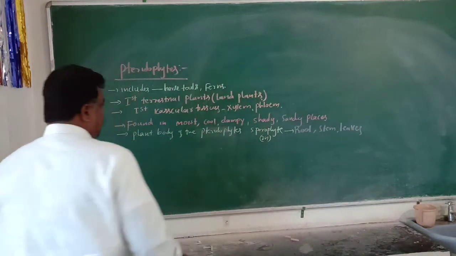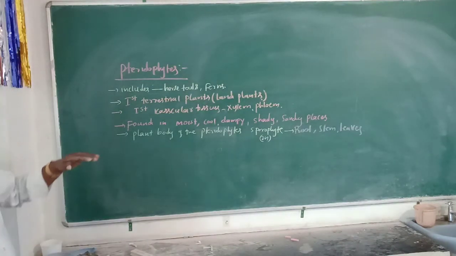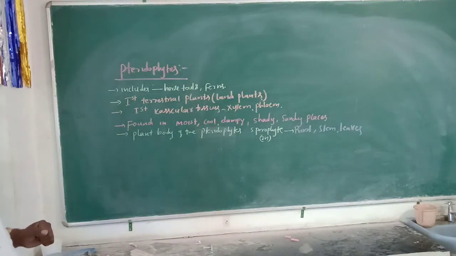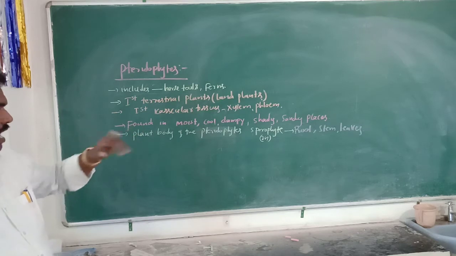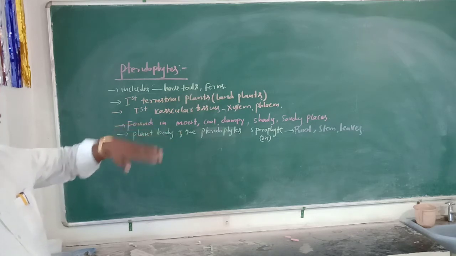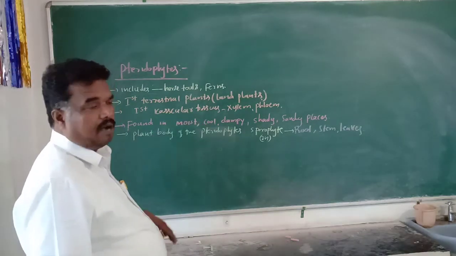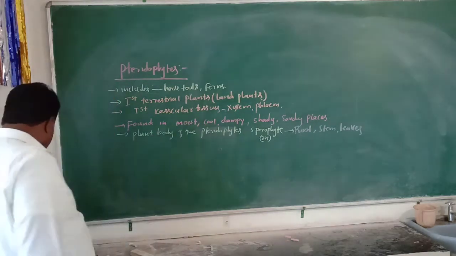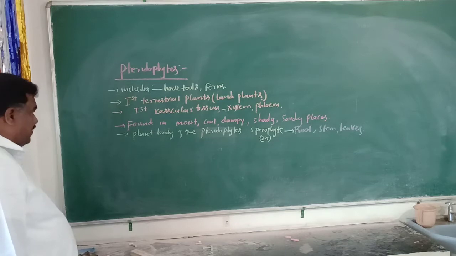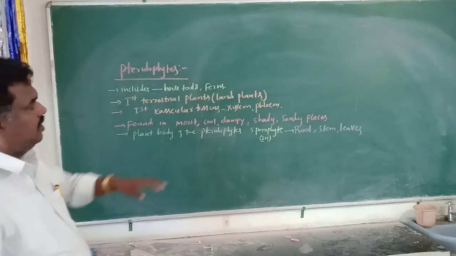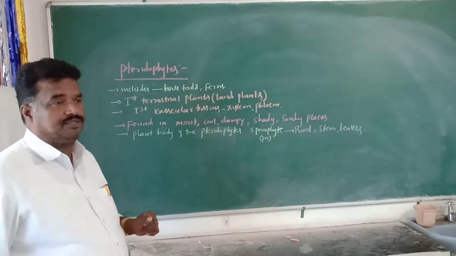The plant body of the pteridophytes is called the sporophyte, and this plant body is differentiated into root, stem and leaves. The sporophyte mainly consists of leaves.